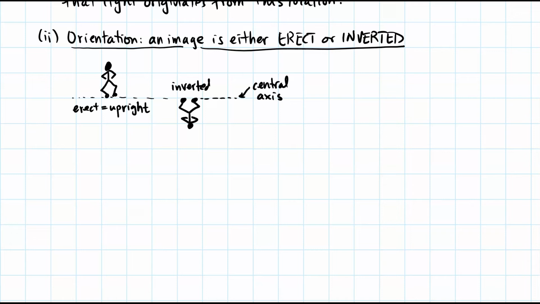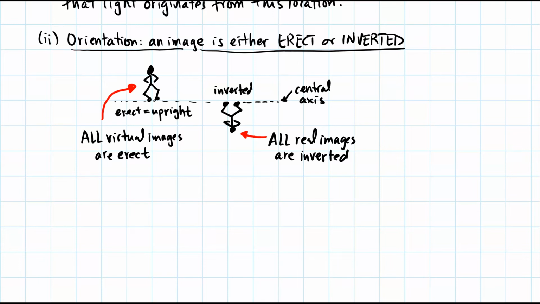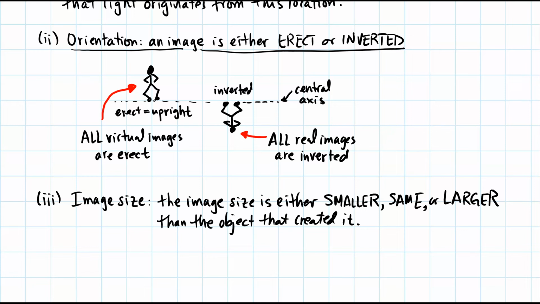All real images are inverted. All virtual images are upright. Characteristic 3, the image size. The image size is either smaller, the same, or larger than the object that created it.